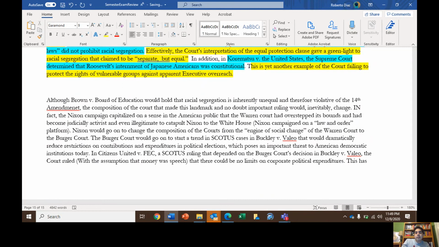This has caused an explosion in the rise of super PACs and legitimate critiques of an American electoral system where the wealthy and powerful have undue influence.